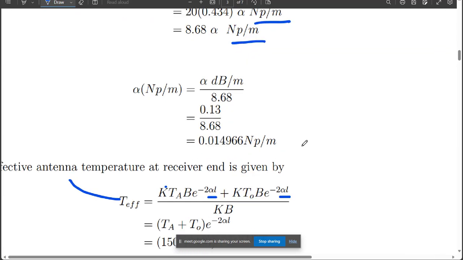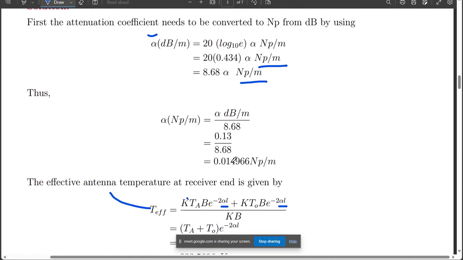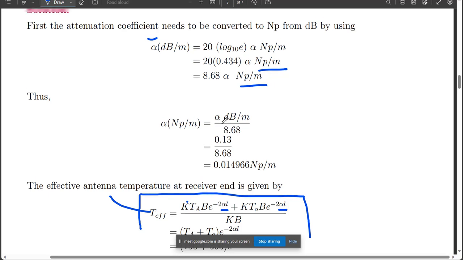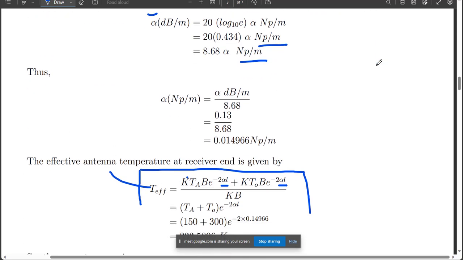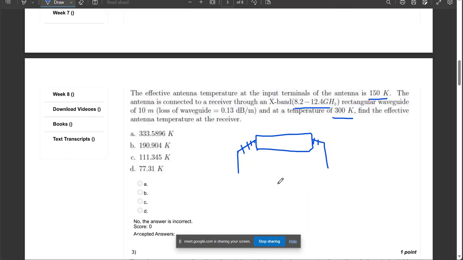Now you have to find out the effective antenna temperature at the receiver end. So this is the formula for you. Here K is the Boltzmann constant. TA is already given to you. How much is TA given to you? 150 K. T for T free space: you have already seen that both the antennas are not in free space.